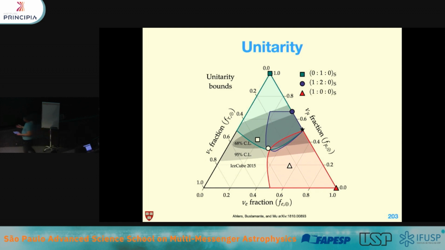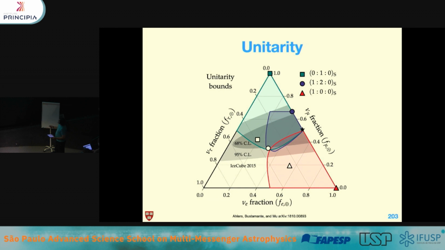Essentially, imagine there are only 2 flavors. This point here allows you to have 50% of the neutrinos be converted.